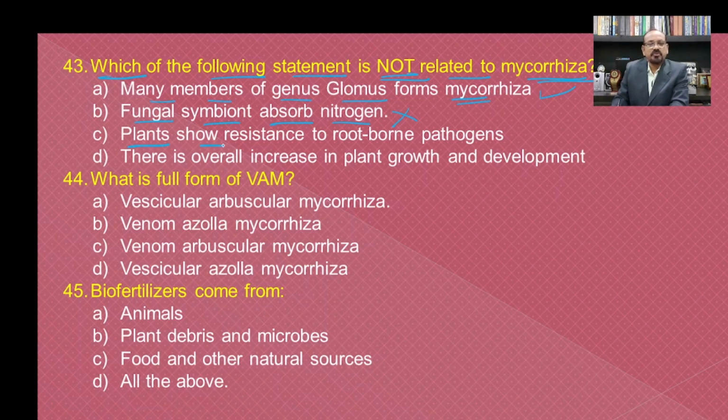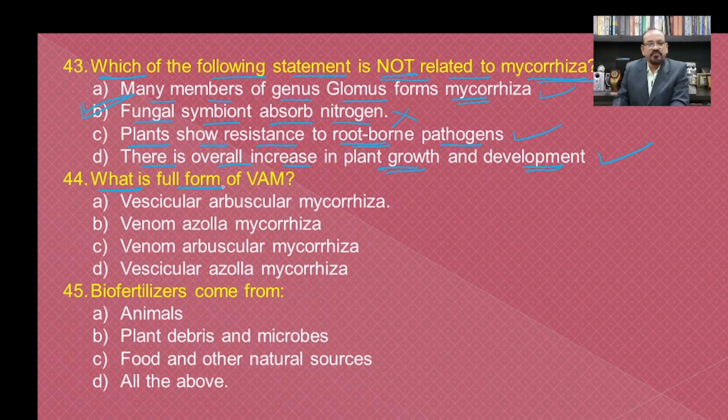Then plants show resistance to root-borne pathogens when there is mycorrhiza. There is an overall increase in plant growth and development when we use mycorrhiza, and this is also correct. The statement not related to mycorrhiza is that the fungal symbiont absorbs nitrogen, and hence it is the answer for this question.